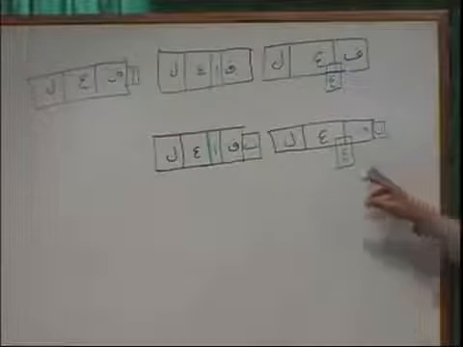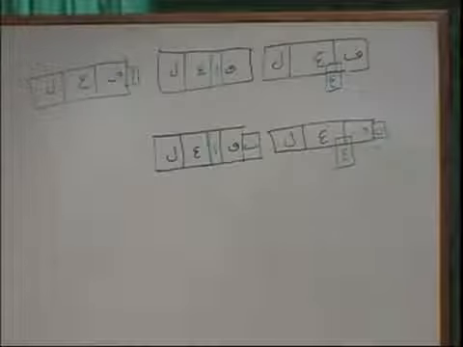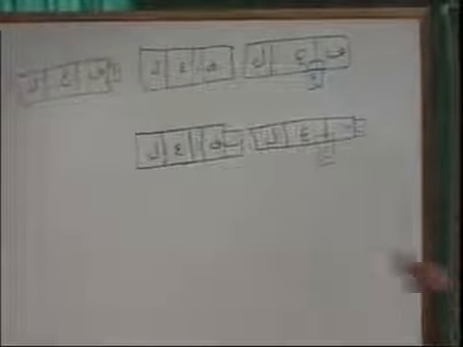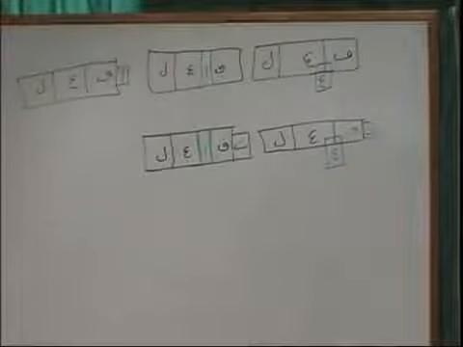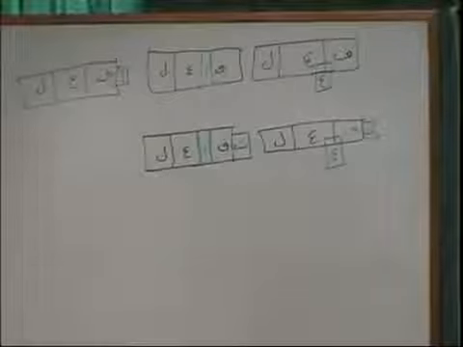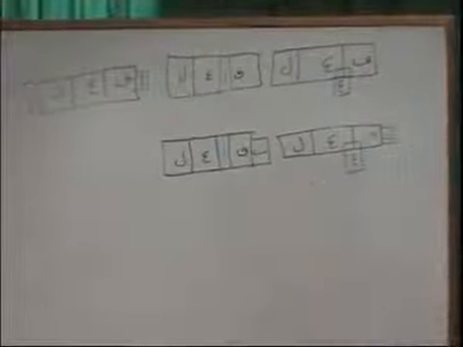Now, how many letters are there, brothers and sisters? Five. The ain is doubled and ta is added, so it becomes tafa''ala. And then what will this become? Tafa'ala.